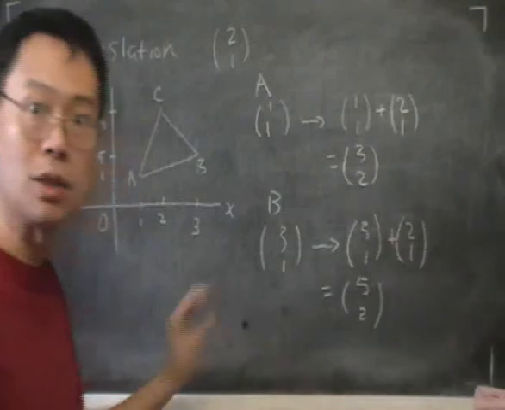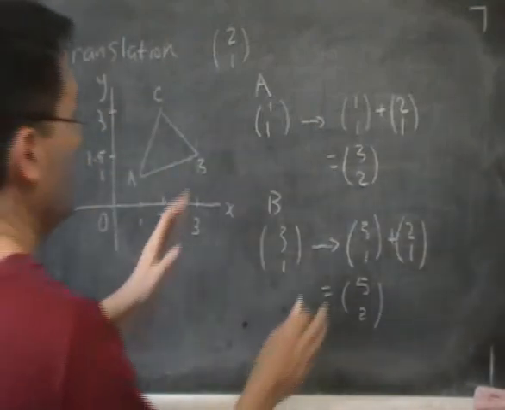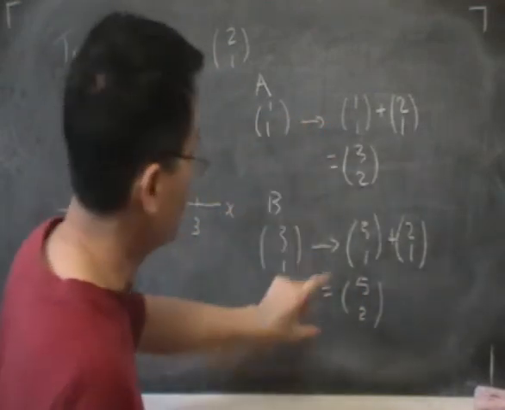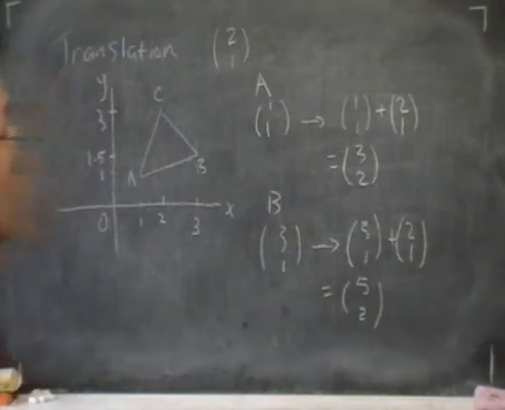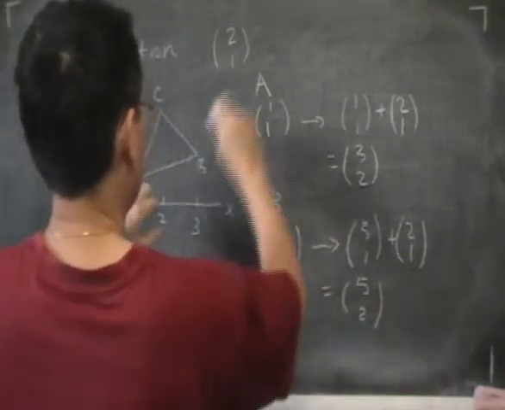And we will just repeat this for C. So once we have done each of these steps, we will get the x and y values for the new positions of A, B, and C, and then we can put them on the graph.